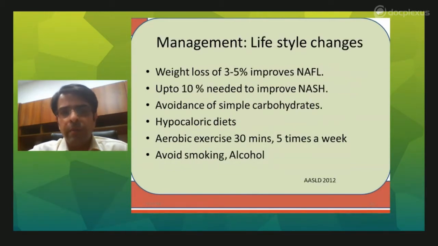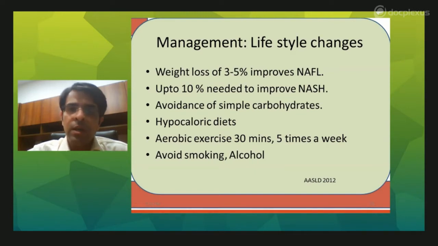So how do we manage patients with NAFLD or NASH? The most important thing here is lifestyle modification and weight loss. If you achieve around 3 to 5% weight loss, then if there is just steatosis, it will improve.